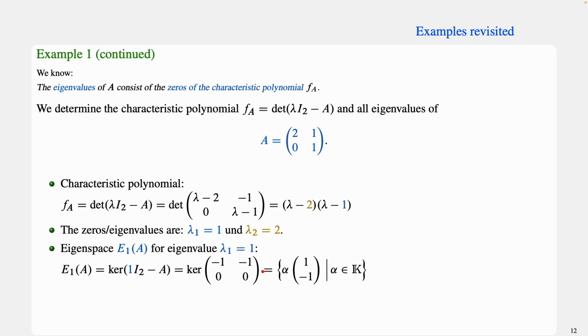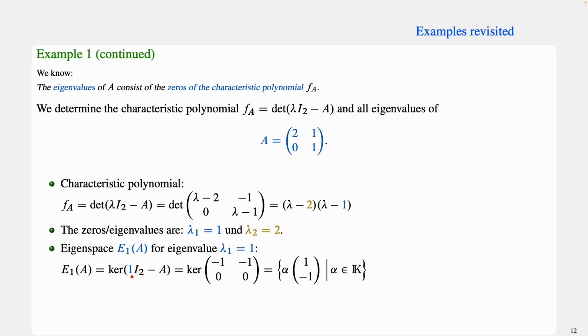So the solution space of this matrix here, the kernel, is simply the set of all multiples of the vector 1, minus 1. Any scalar multiple of this vector is a solution for multiplying this matrix and obtaining 0.